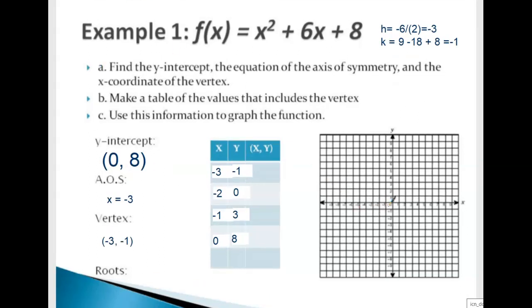Plotting those points, you have negative 3, negative 1; negative 2, 0; negative 1, 3; 0, 8. And remember that any point on here is symmetric. So if it goes up 1, right 1, it goes up 1, left 1.